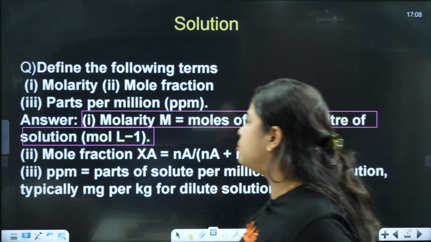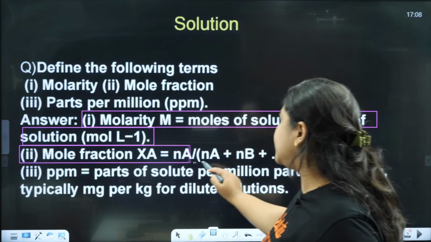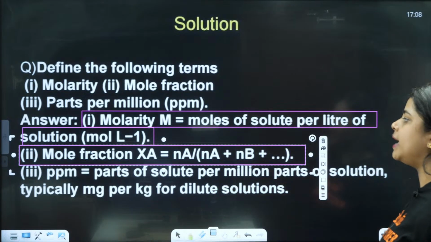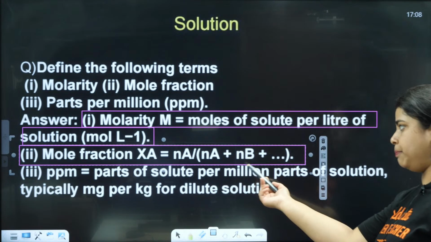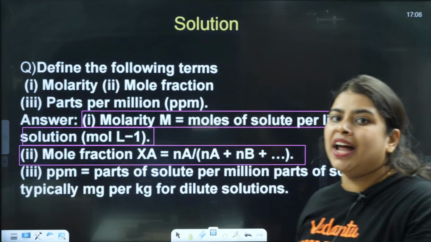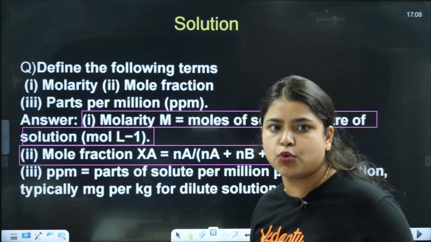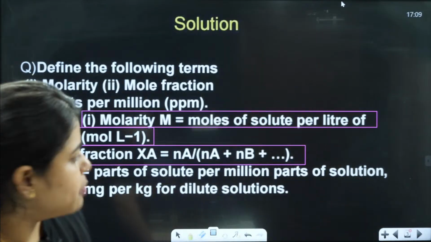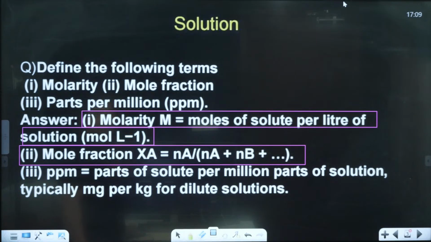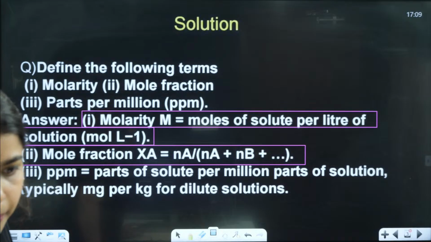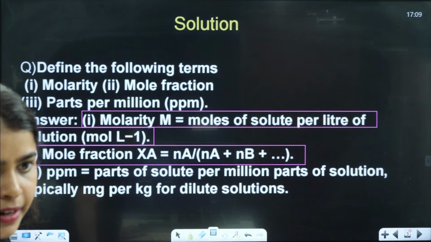What is the meaning of a mole fraction? Mole fraction is going to be Na divided by Na plus Nb, number of moles of one component divided by total number of moles. That is called mole fraction.